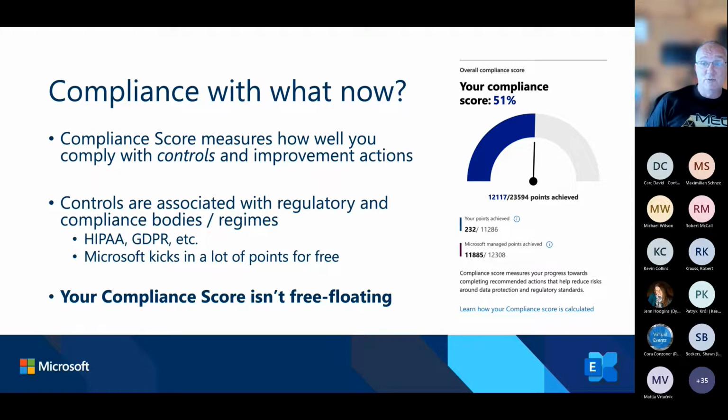So your compliance score, the way that I like to pitch it at first, is it's a measurement of how compliant you are with a particular set of controls. It doesn't exist in a vacuum, the way that secure score does. Your secure score is what it is. Your compliance score is what it is when measured against a particular set of requirements or a particular set of controls.